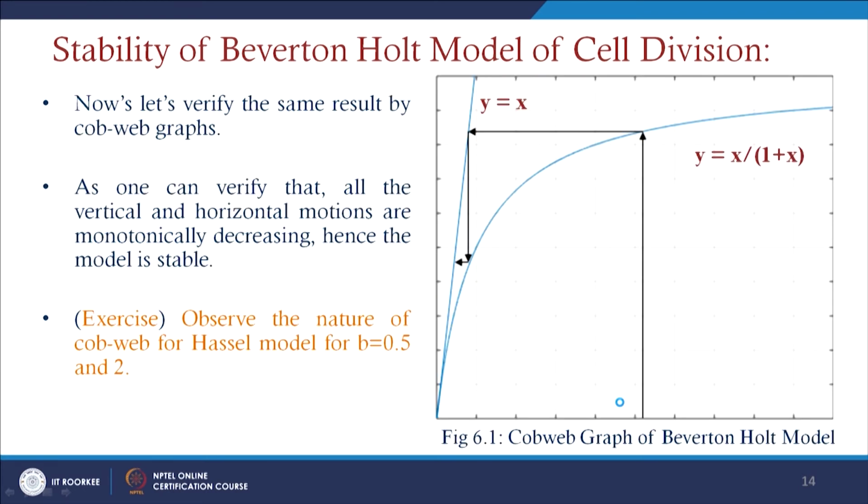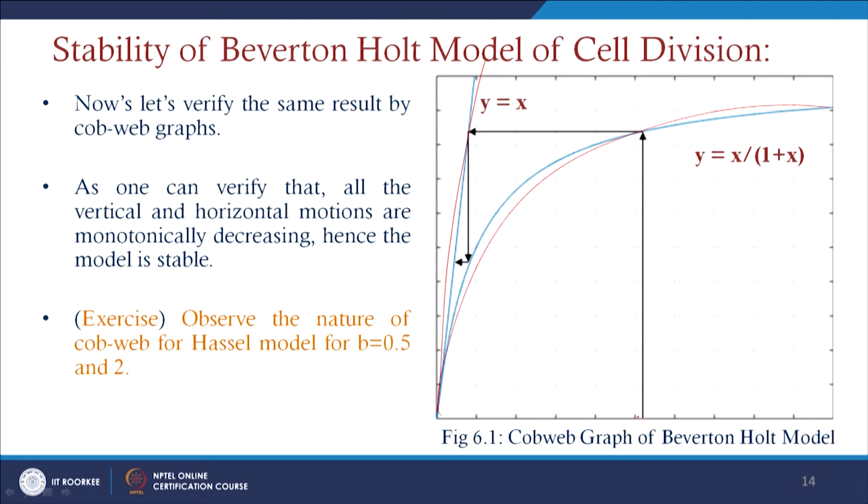Now, for the stability behavior of the Beverton-Holt model of cell division, we can verify this result using cobweb graphs. First we plot the line y equals x and the function y equals x by (1 plus x).